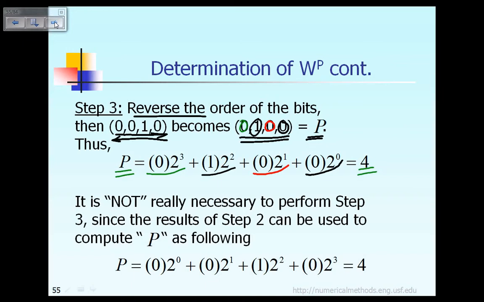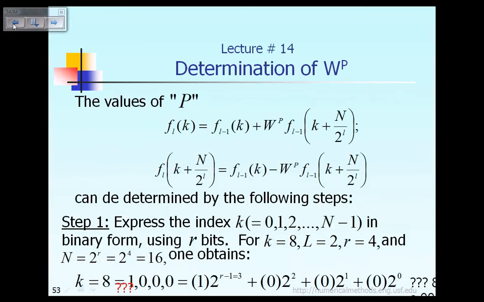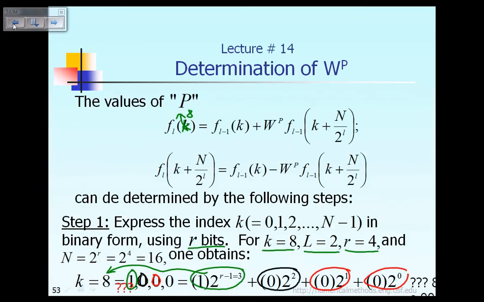So up to now, to summarize: if you know the value of the index k equal to 8, how do we find out the value of the power p?